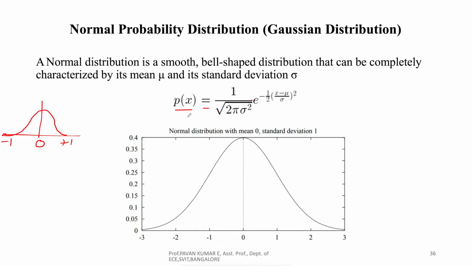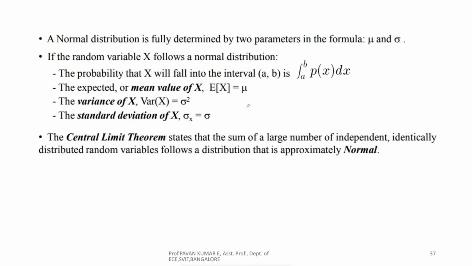This is the formula to find whether my trained data is falling on the positive side or the negative side. I hope you understood this formula. This is the normal probability distribution function, or Gaussian distribution, which will be helpful in training your data set. That is what we have put up here.